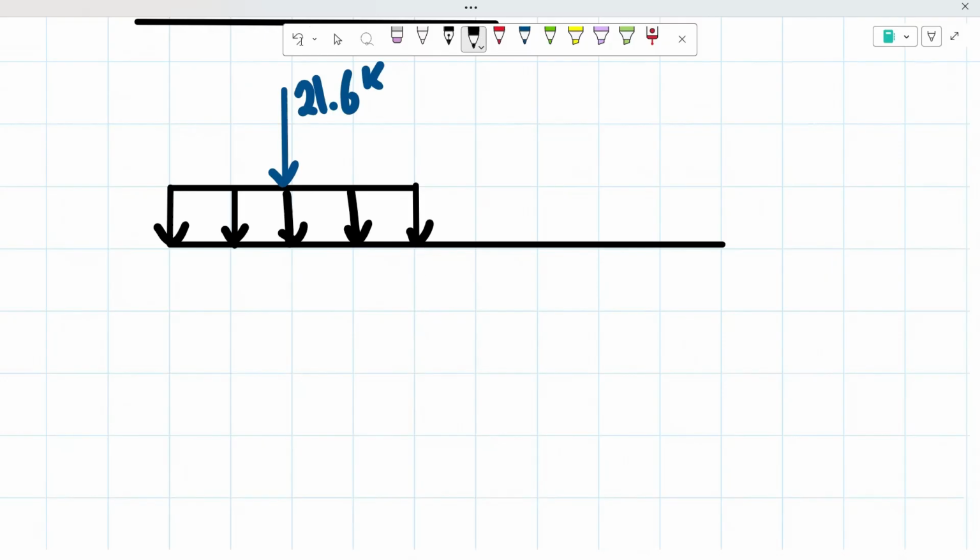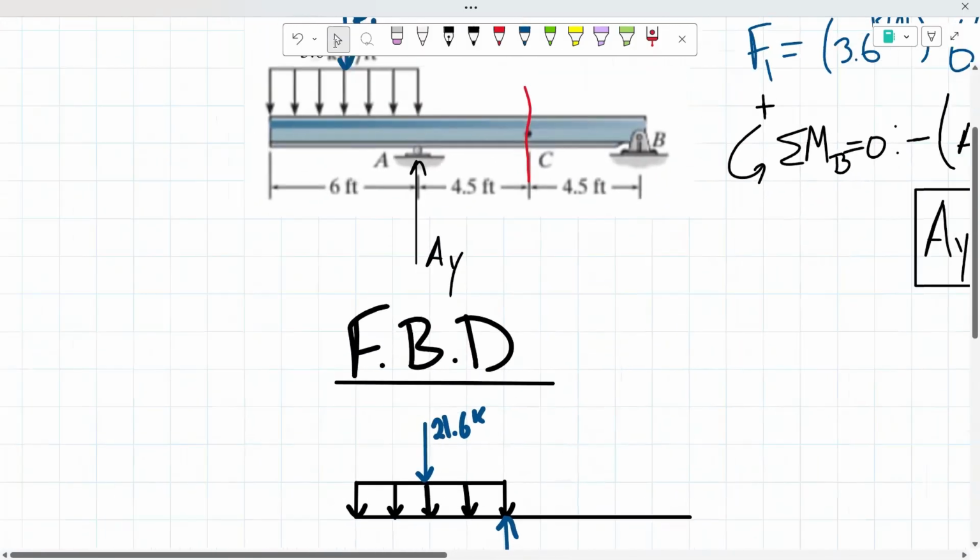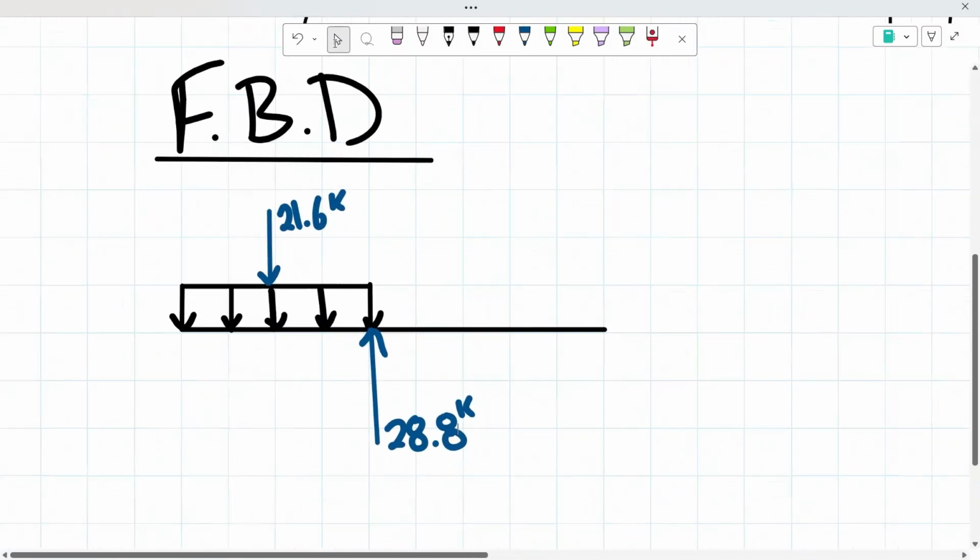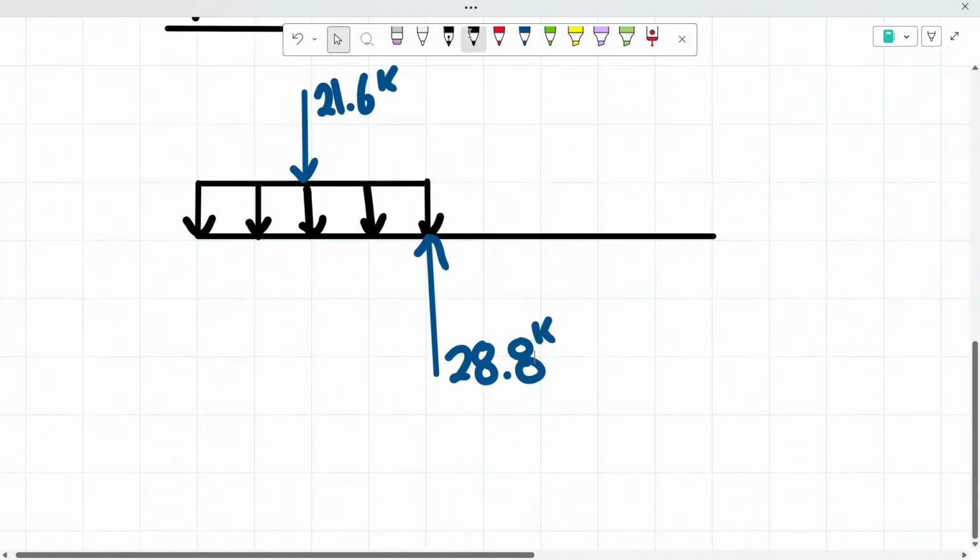I'm actually going to draw it in blue. With a value of 28.8 kips. And then from there, that should be everything. So from there, I'm just going to be drawing out our dimensions.